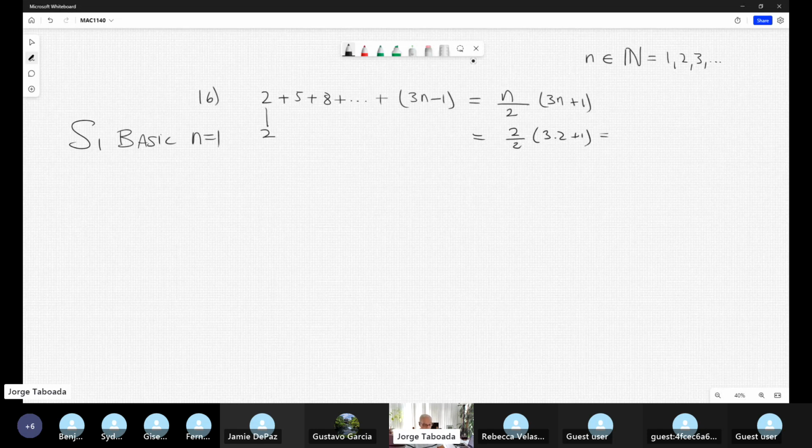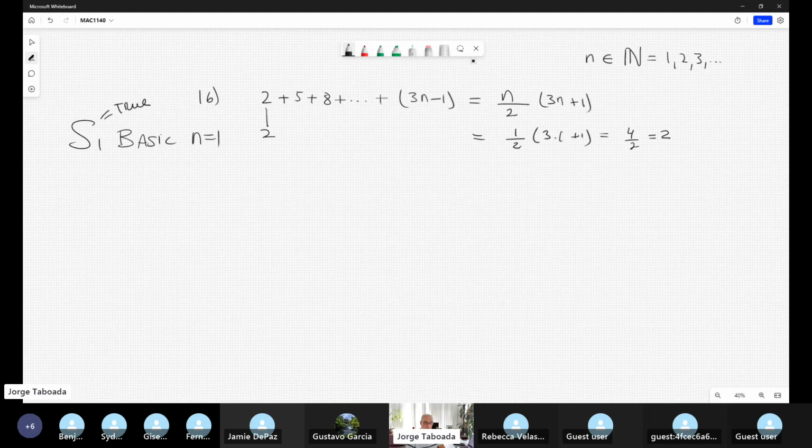Wait. It's n equal 1, sorry. This is n equal 1. This is 1 here, and this is 1 also here. This is 3 times 1 is 3 plus 1 is 4 divided by 2 is 2. And this statement is true because the answer is 2 equal 2.